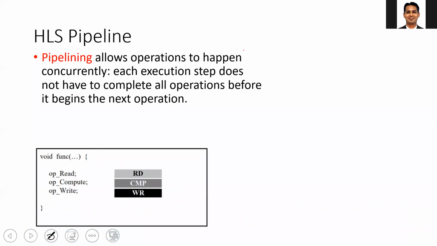So what is pipelining? As discussed in the previous lab, pipelining allows operations to happen concurrently. For example, in the previous lab we did the vector multiplication. We were reading a of 0, b of 0, then doing the multiplication of a of 0, b of 0, and then storing the output of the multiplication in memory.